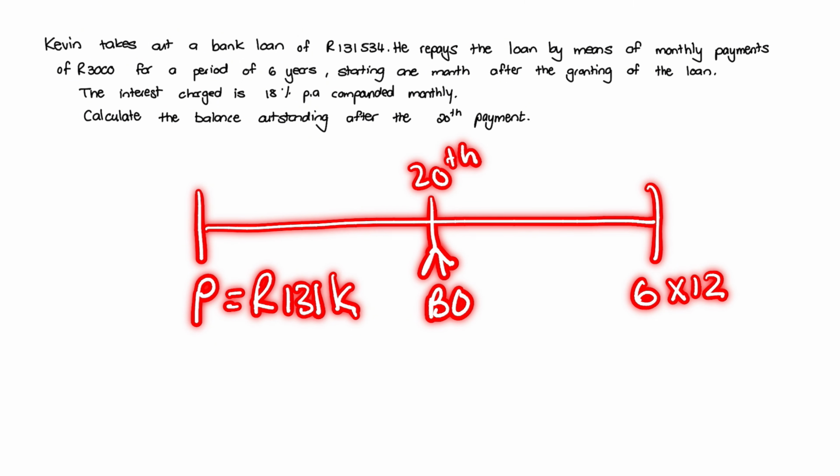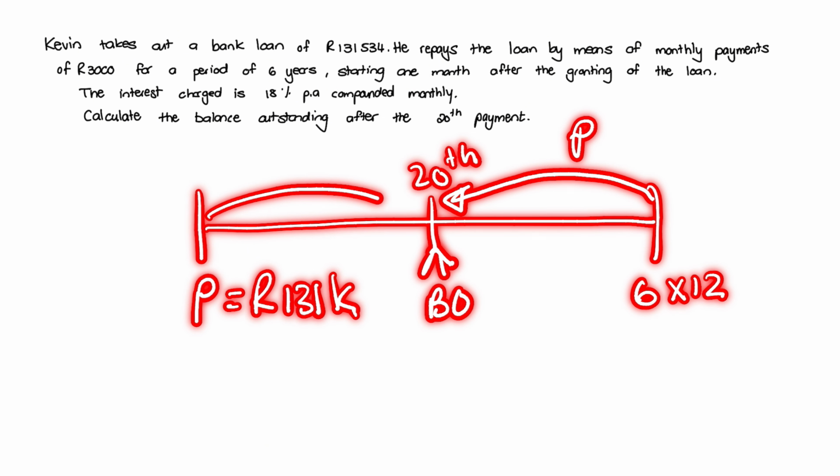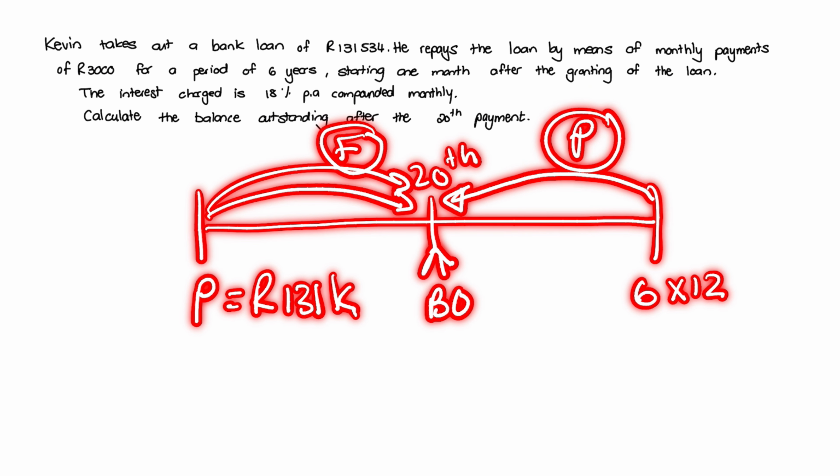So teachers teach two ways. One teacher would bring all the values back, so they will reverse the P formula, and other teachers prefer to take it forward. So they'll use the F formula. So those are the two methods that most grade 12s are exposed to.